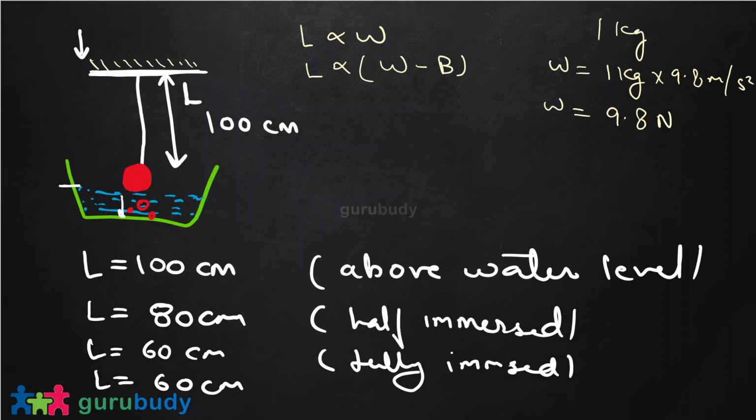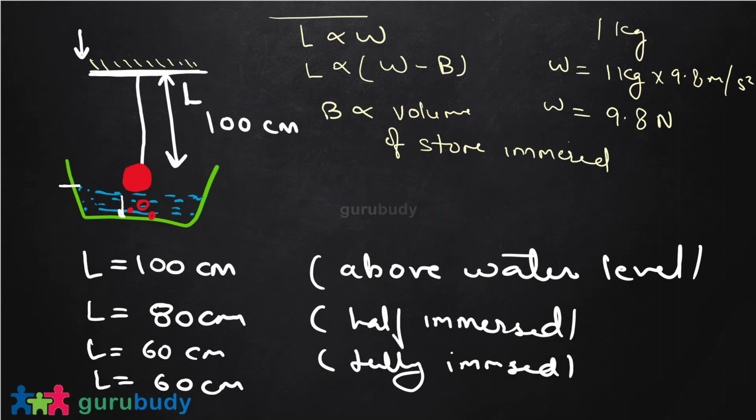Now, the second observation we can make from this activity is that buoyancy force is dependent upon how much of the stone is inside the water. When it is half immersed, the length was 80. When it is fully immersed, the length is 60. After that, it stops changing. So the buoyancy force is dependent upon the volume of stone immersed.